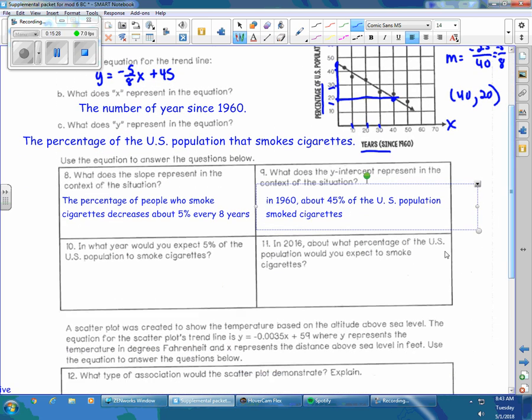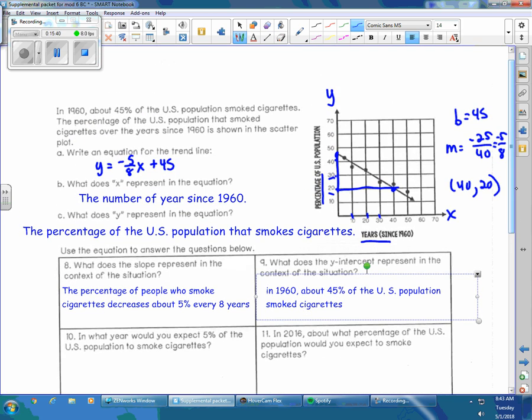The next one says, in what year would you expect 5% of the U.S. population to smoke cigarettes? So let's take a look at this here. The percentages are our y's, and we should have color-coded this. And that's our y. And the number of years, oops, I meant to change colors there and it didn't work.